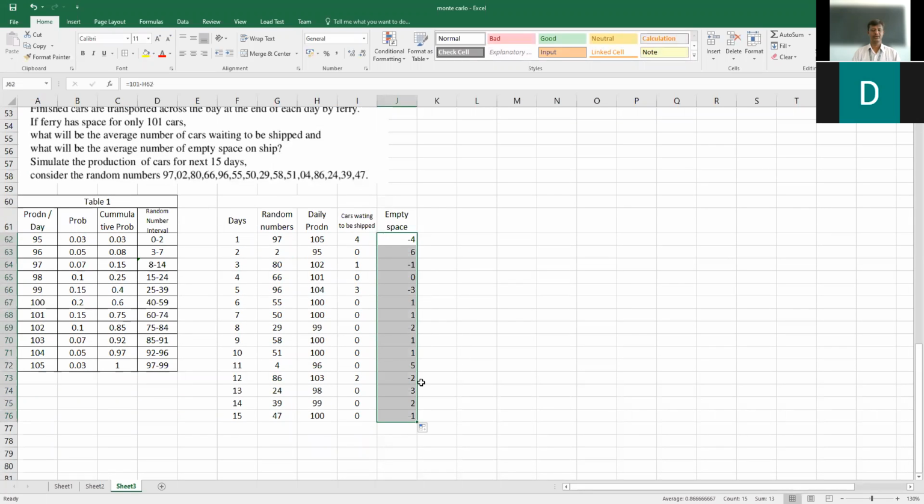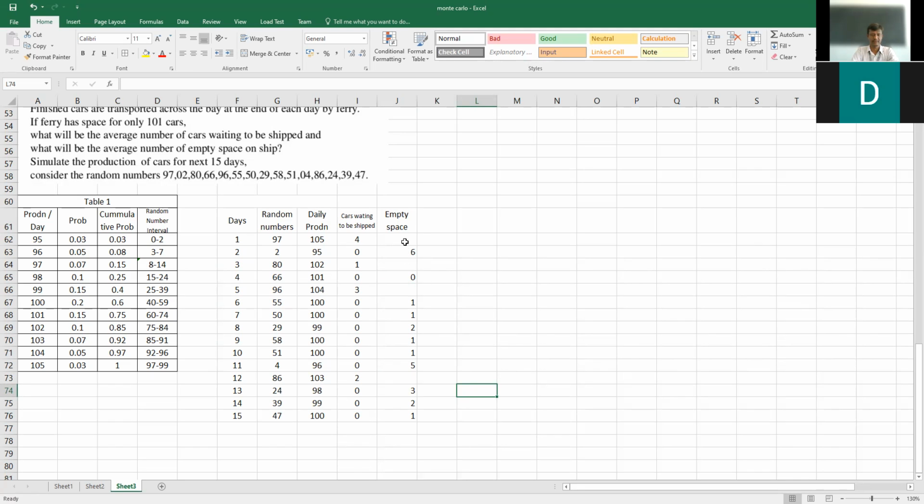Now, what we have found out is the difference between the capacity of the ship and the daily production. So we will remove all these negative values. Negative values denote that there are excess.